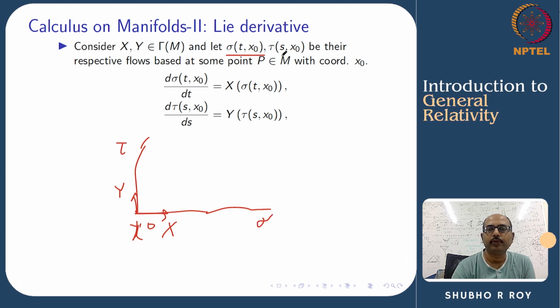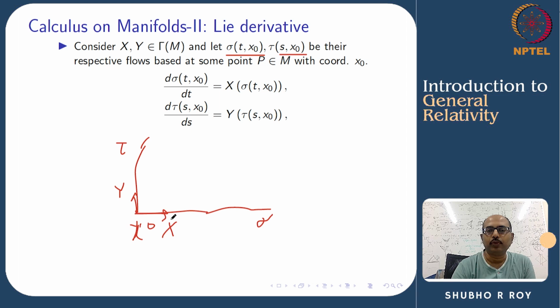So the starting point is the same. T and S are the flow parameters, the parameters along these curves. Remember, these are just integral curves. So the curve parameters are t and s respectively. These are the equations, right? X is a function of, instead of X, I'm using sigma because we are using X too often.